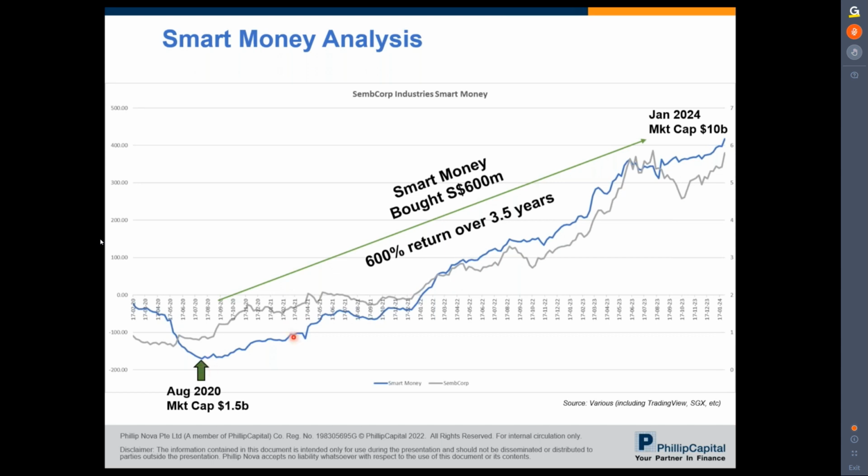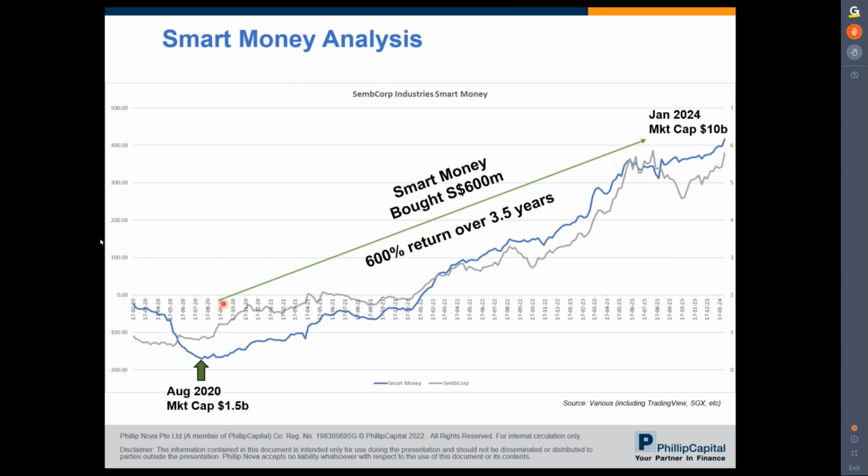So from August 2020 until recently, January 2024, smart money has bought about 600 million worth of Sembcorp Industries, right? So if an investor were to follow the smart money back in August 2020 and buy and hold until now, he would have gained a return of 600% over 3.5 years, right?